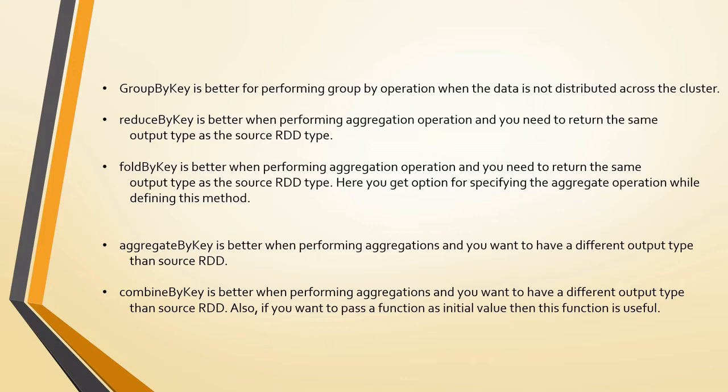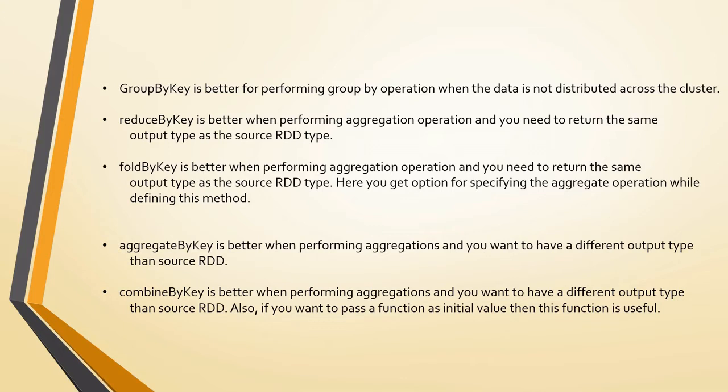And if you take the performance wise considerations, reduce by key is better because it's very user friendly for the coding person, for the developer. He can easily write the code for that.